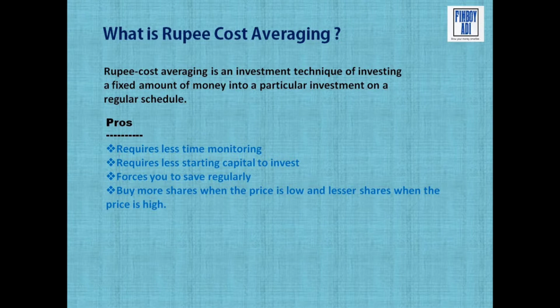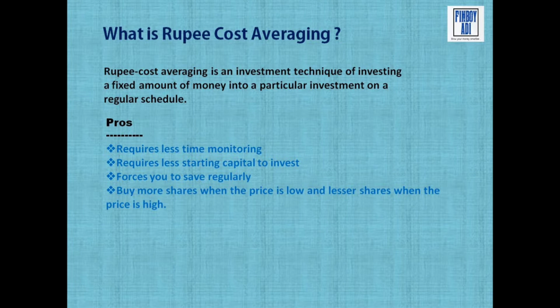Second, it forces you to save regularly, because you need to have that amount in your account so that the SIP can be done successfully. And the last one is you buy more shares when the price is low and fewer shares when the price is high. So if the price is down for the mutual fund or share on that particular day, you will get more units of that mutual fund, or in the case of the US market, more units of that share.